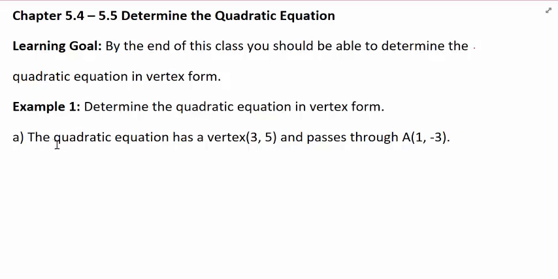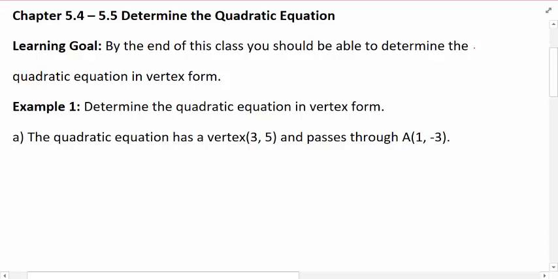Anyway, here's A. It says the quadratic equation has a vertex of (3, 5) and passes through the point (1, -3). All right, so you look at the question and you are given what information? The vertex. So remember when we were trying to determine the equation of the quadratic relation?